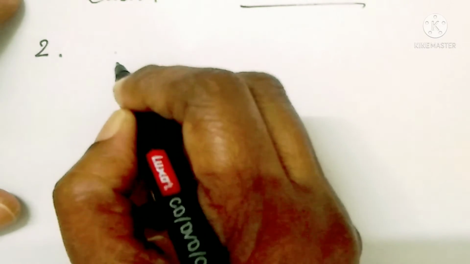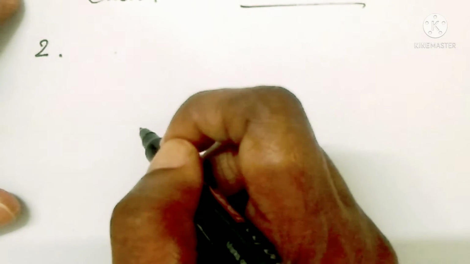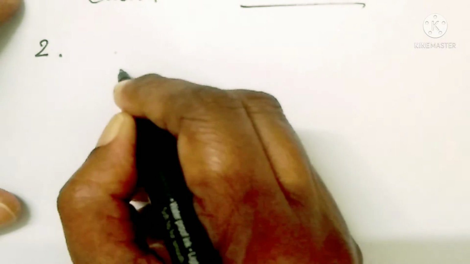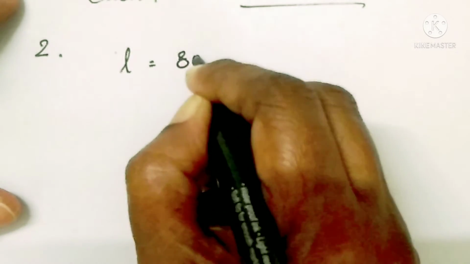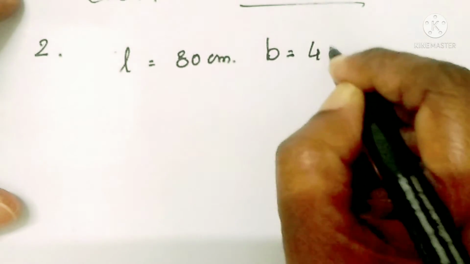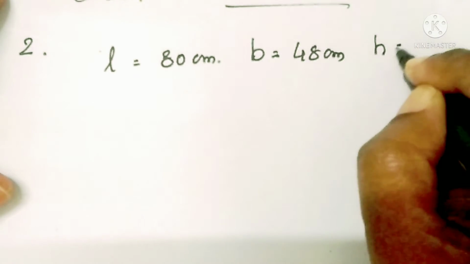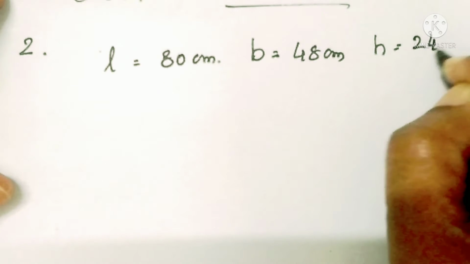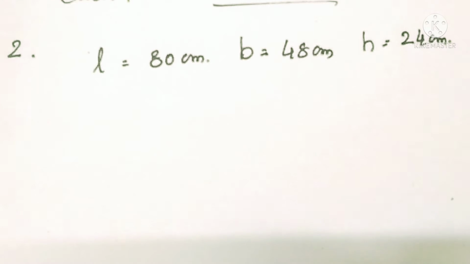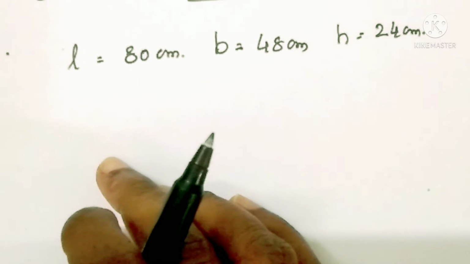What is the shape of the suitcase? It is cuboidal because 80 into 48 into 24. Okay. So length is equal to 80 centimeter. Breadth is equal to 48 centimeter. And height is equal to 24 centimeter. So this information is given about one suitcase. So first of all, if you have to cover it completely, which area would you find out?